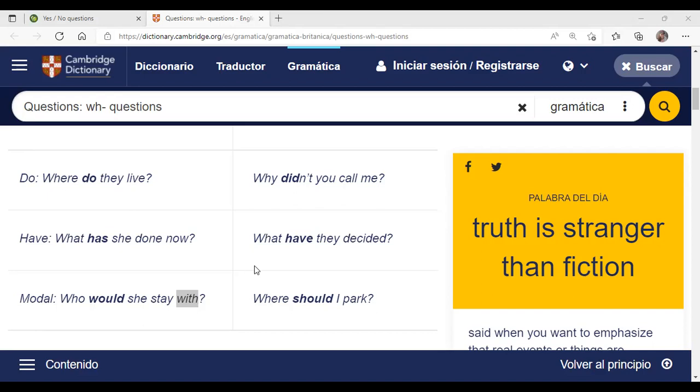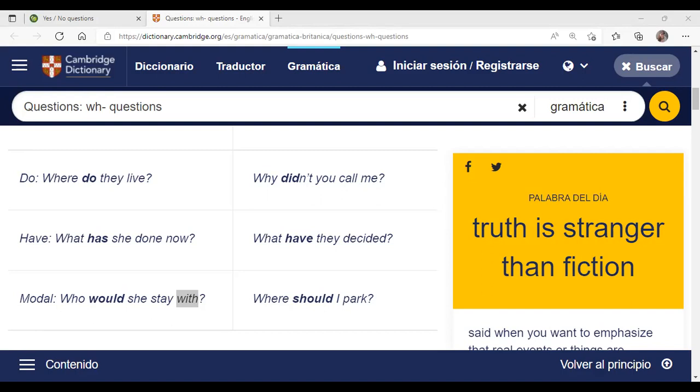¿Qué te preocupa? Bueno, what do you worry about? Y la persona te tiene que contestar, I worry about, yo me preocupo por mis estudios, o por el dinero.